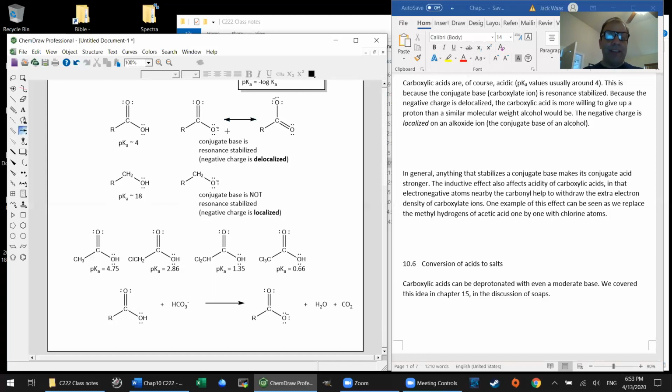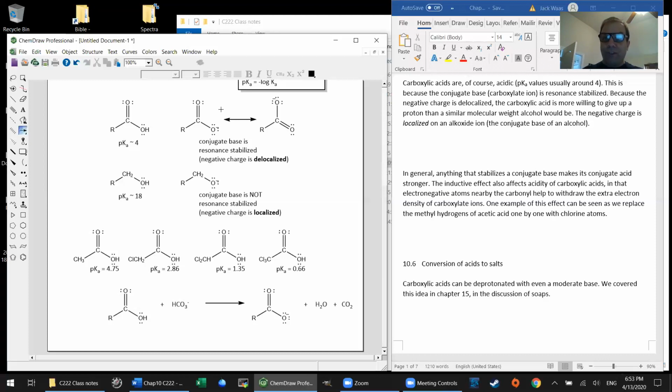The result is that the extra electron density on this oxygen atom is shared between the two oxygen atoms. It's spread out. And remember what a minus charge has to be by definition. It means there's extra electron density, all negative charge, since all electrons are negatively charged, and like charges repel.